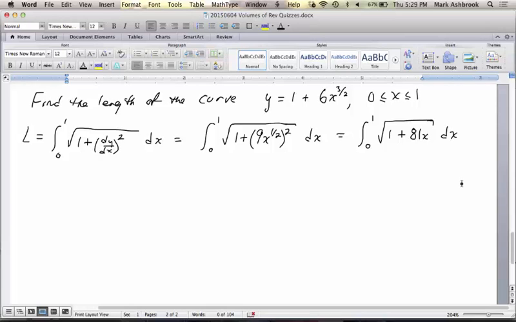Can we do it? What do we do? Undo a chain, right? So this is basically g prime of f. So we're going to do the antiderivative of g, which is one plus 81x to the, try again, 3/2, and we'll need 2/3.